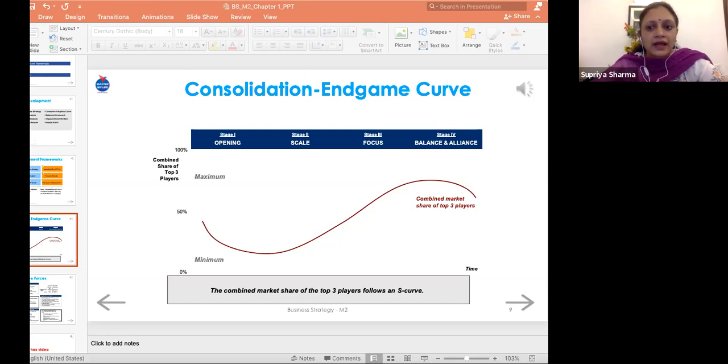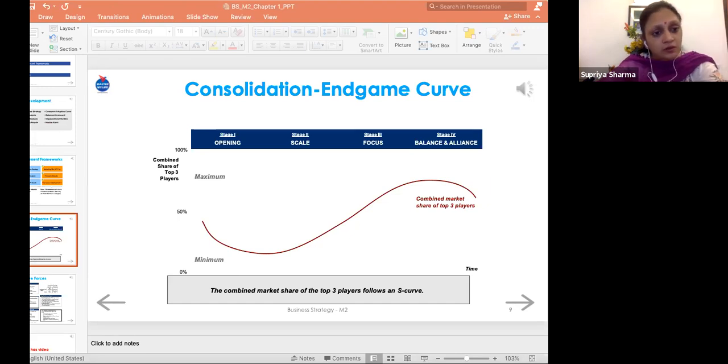Here, basically, the titans of the industry will reign supreme. If you see the telecom sector, if you really want to understand this consolidation endgame curve, just see how our telecom industry has moved over the years. If you see 2005, 2006, how many players were there in the market?